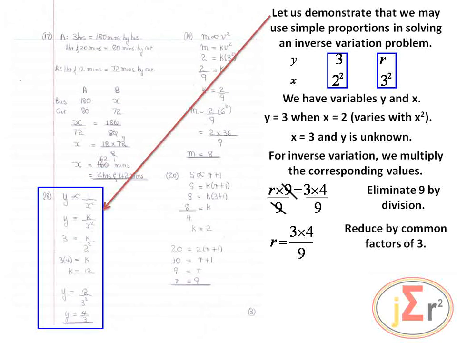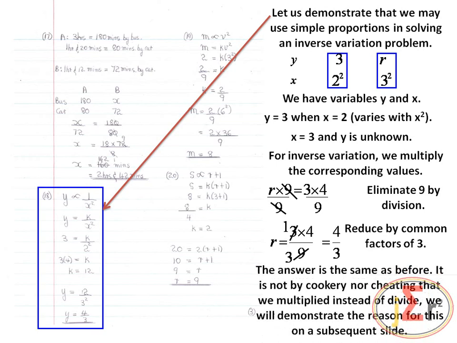So reduce by a common factor of 3. 3 into 3 is 1. 3 into 9 is 3. So r is equal to 4 over 3 as before. The answer is the same as before. It is not by cookery nor cheating that we multiplied instead of divided.